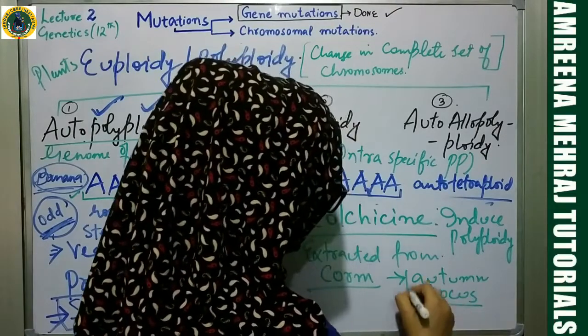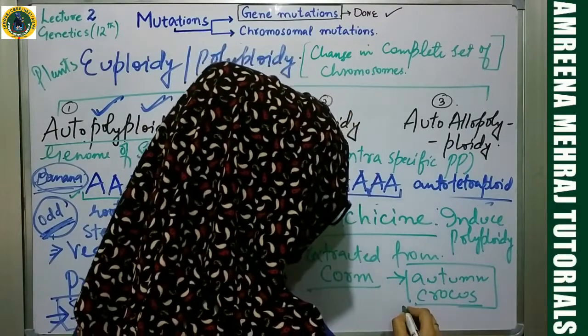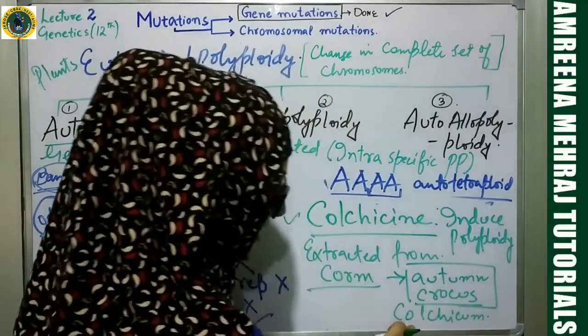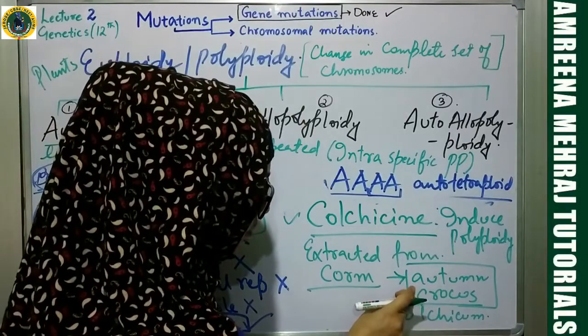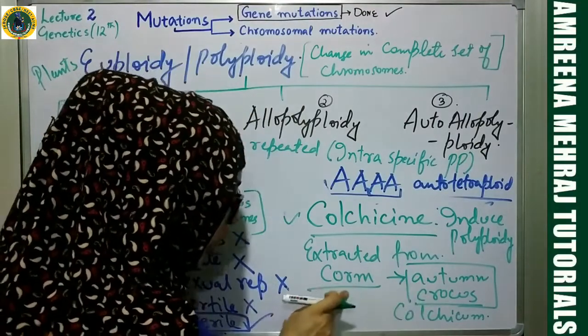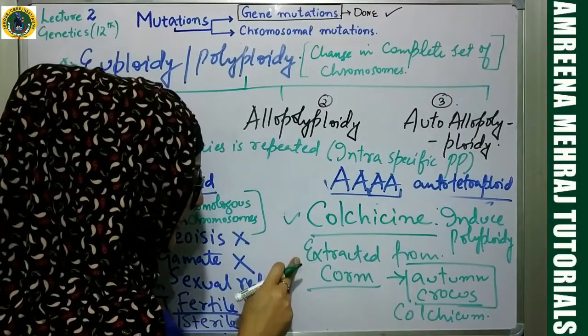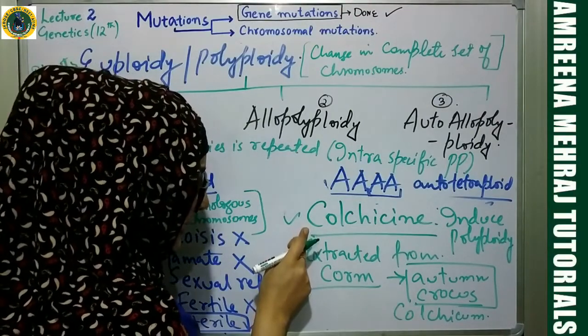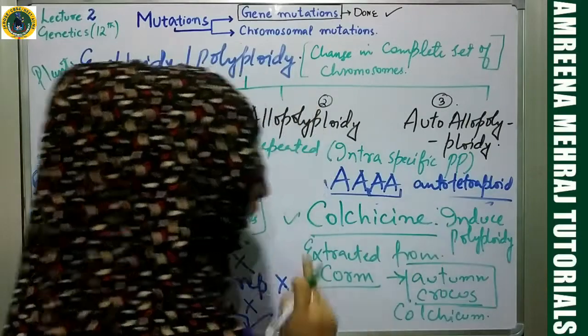Autumn crocus is the plant. We call it Colchicum. Colchicum is the scientific name. The name of the plant is autumn crocus. From its corm we extract a chemical called colchicine. This we use to induce polyploidy.